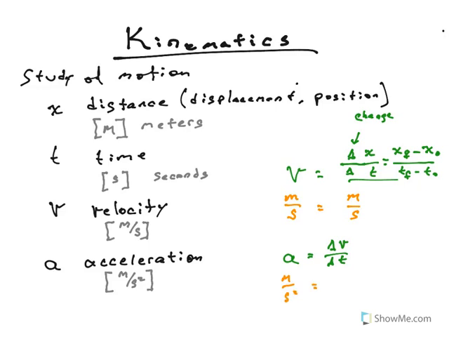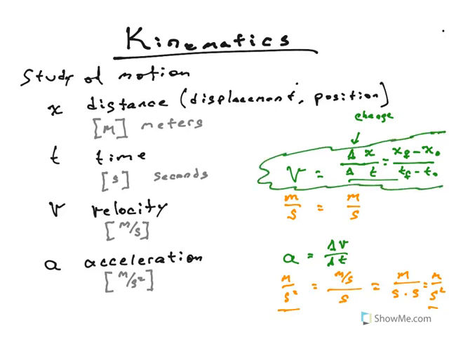Units of velocity is meters per second. Time on the bottom is seconds. And if you remember how to work with fractions on top of fractions, this is the same as meters over seconds times seconds, which is meters per second squared. So indeed, they check out. So here are our equations. One for velocity, one for acceleration.